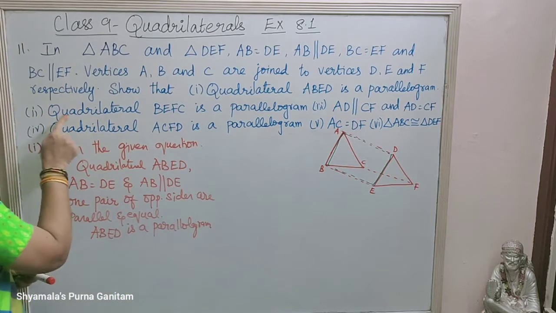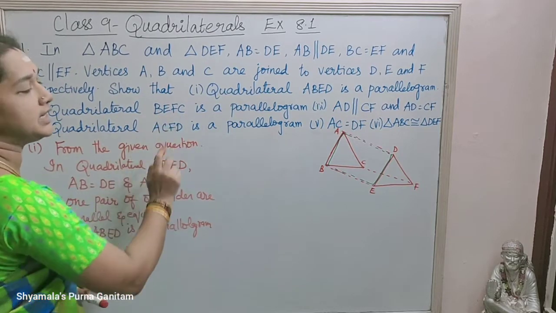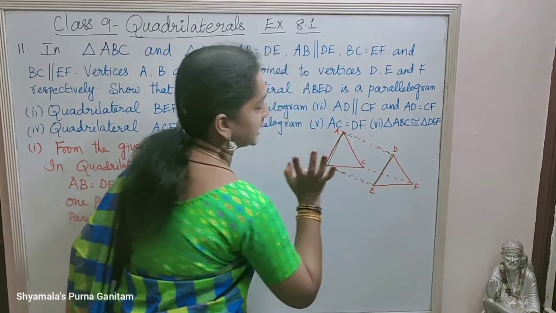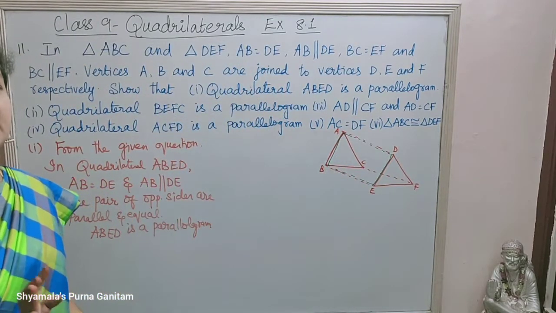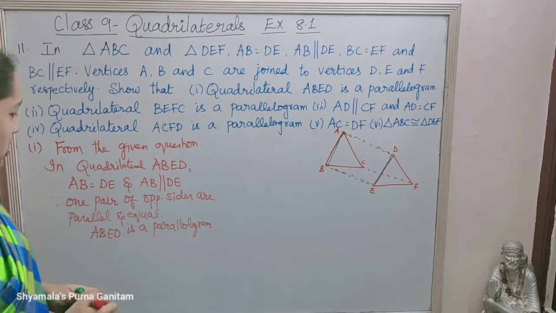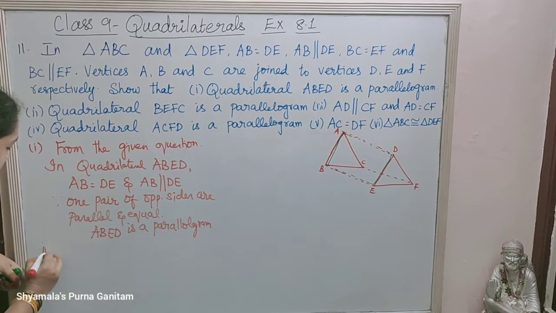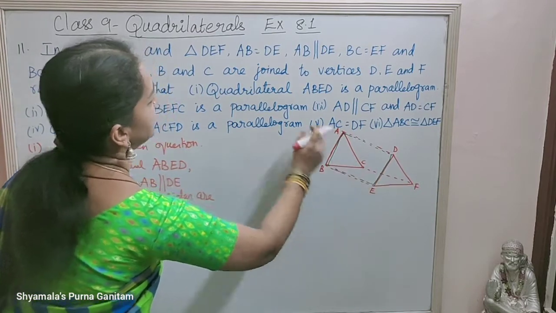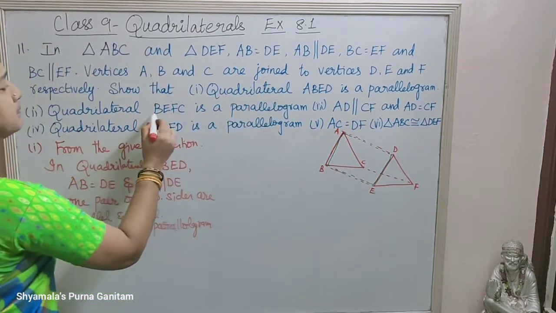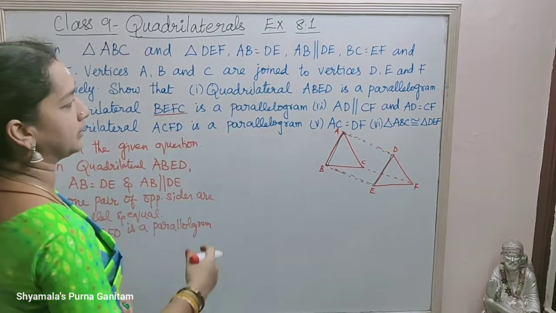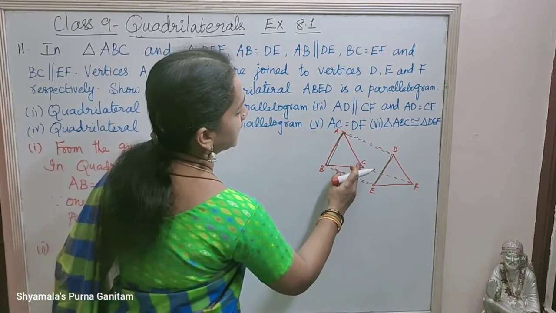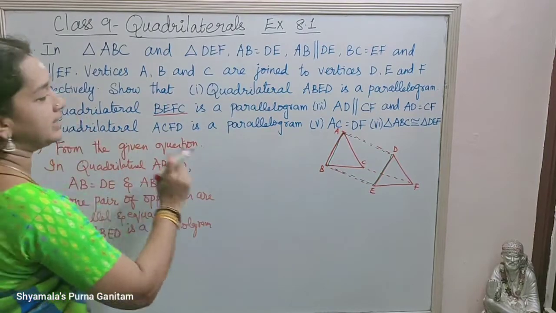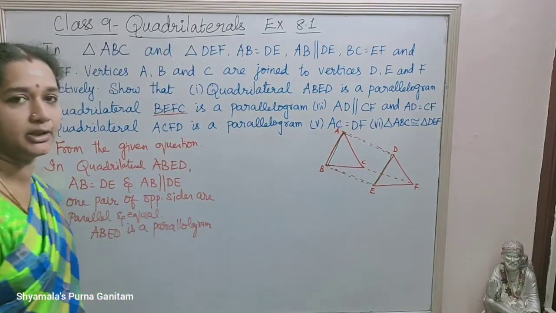Then second one is quadrilateral BEFC. You are asked to prove that BEFC is a parallelogram. For this, BC is equal to EF and BC parallel to EF.